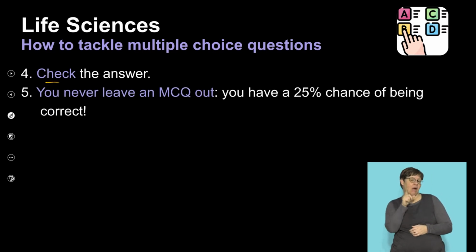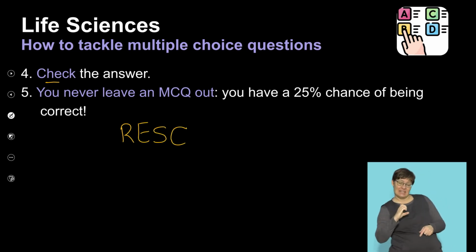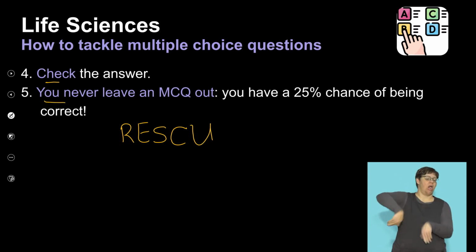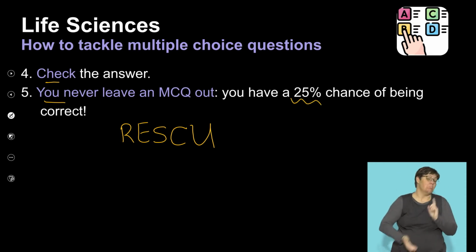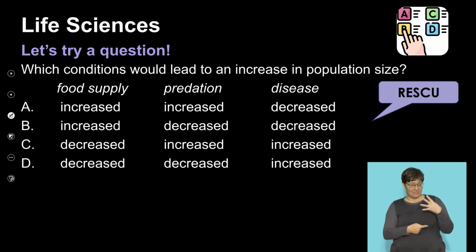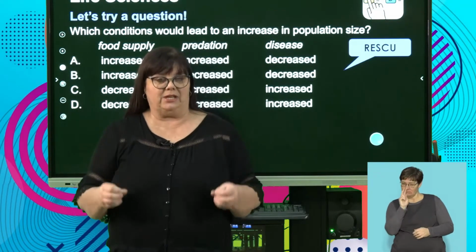We then check, so R-E-S, we check the answer, and you never leave a multiple choice question out because you have a 25% chance of actually being correct. So let's apply the RESCUE strategy as we look at this particular question.